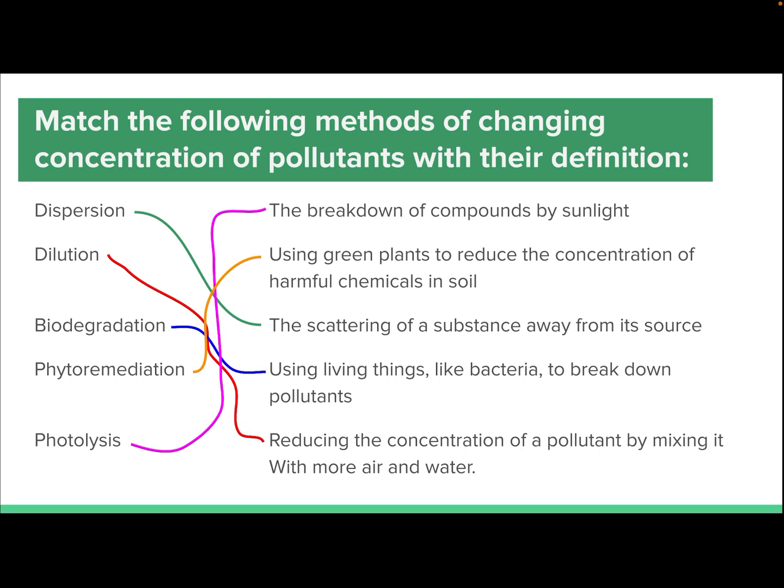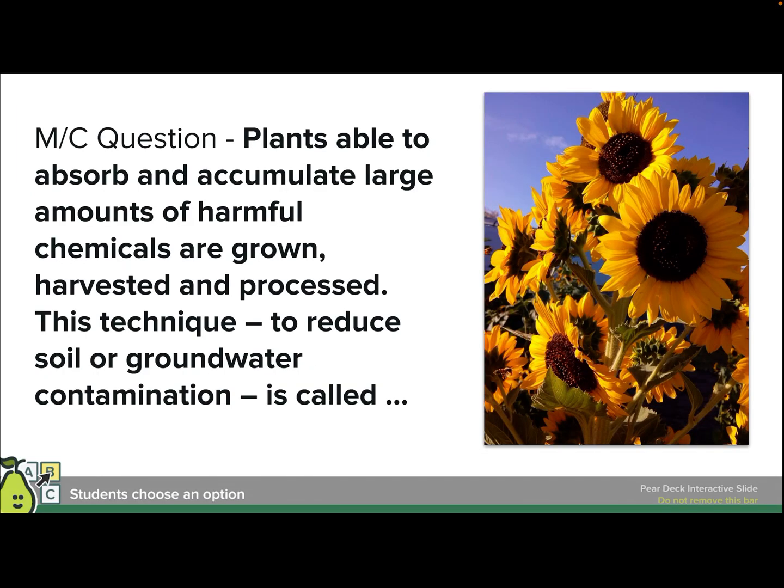So we talked about using sunflowers at the Chernobyl site, because the sunflowers would take in a lot of the heavy metals and radiation, and then those plants could be destroyed elsewhere. And then there's photolysis, which is the breakdown of compounds by sunlight.